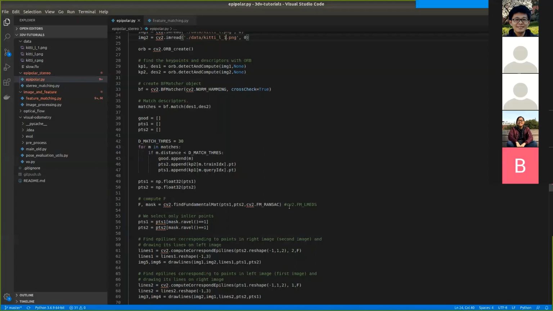So if you successfully download the KITTI dataset, sequence 09, image 2, you can continue with the visual odometry. The visual odometry part will consist of two scripts.